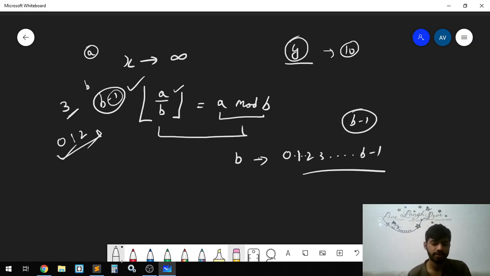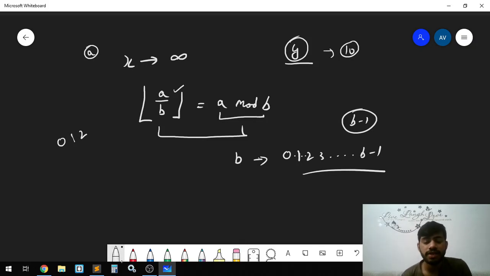Okay, wait a minute, there's something fishy. Okay, so for 3, maximum we can get 3 mods, right? 0, 1, 2. So this value can be a maximum of 3: 0, 1, 2.